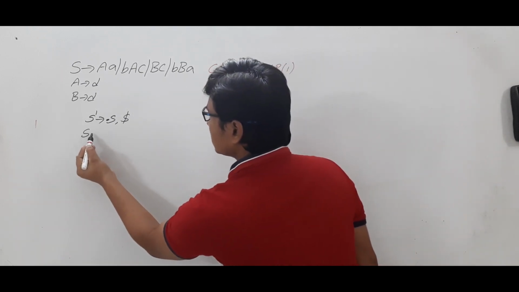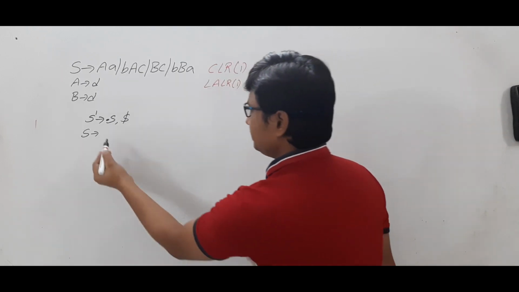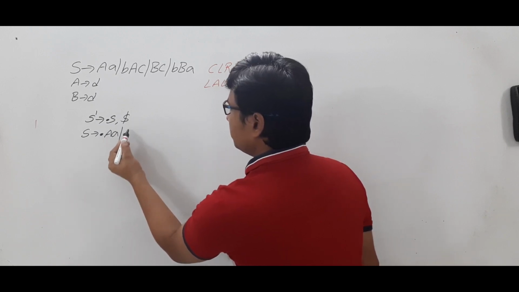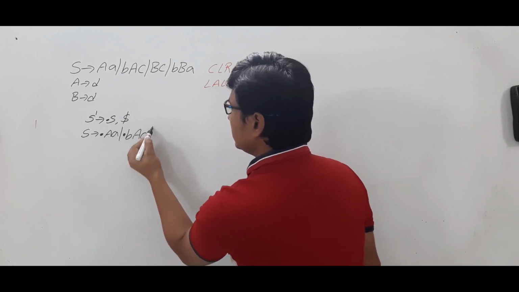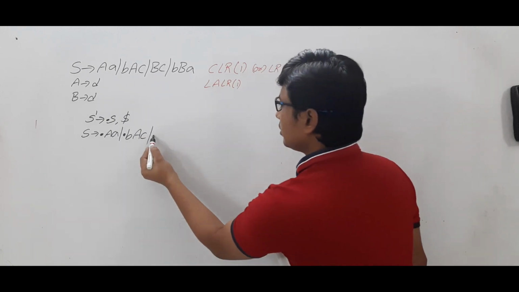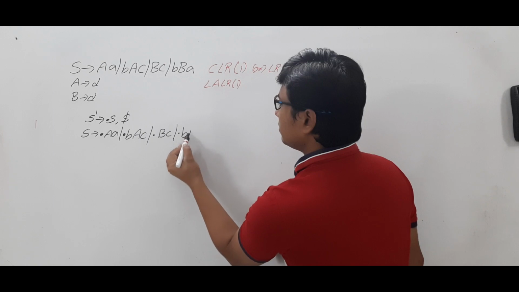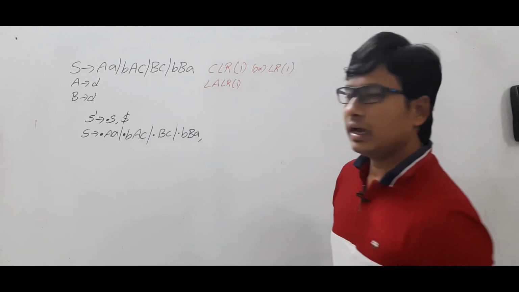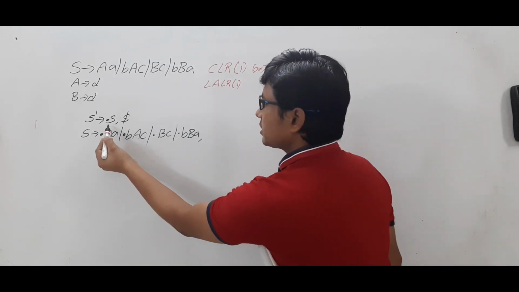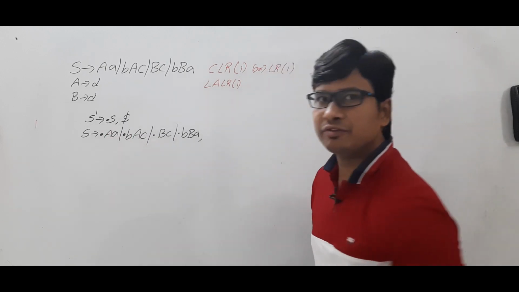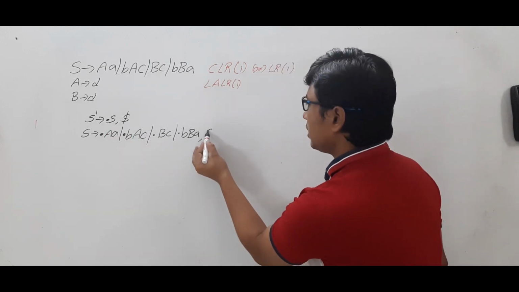What is the closure? S → .ABA C and then .BC, .BBA, and this production came because of this S. So leave that S and compute the first of the remaining thing. So you will have the dollar.